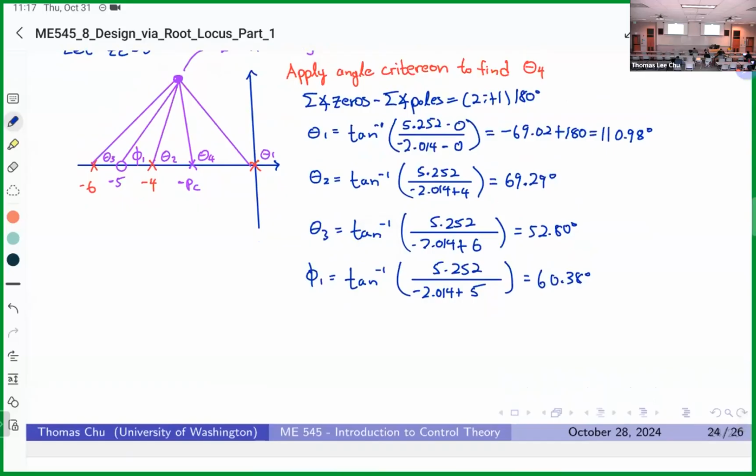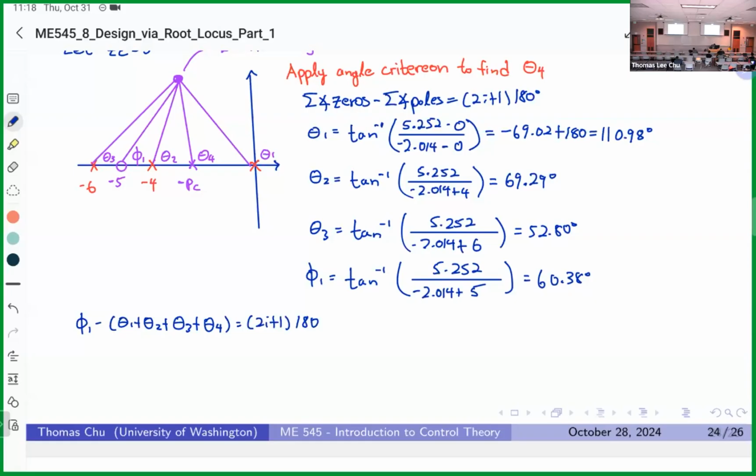So then we get phi 1 minus theta 1 plus theta 2 plus theta 3 plus theta 4. So it's all the angles of the poles. It's equal to an odd multiple of 180 degrees. I'm going to plug all these numbers in.